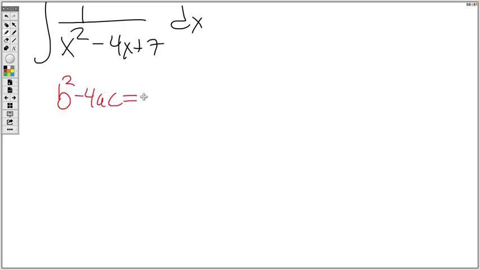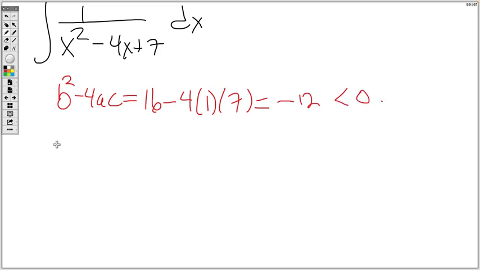So our b squared would be 16 minus 4 times a times c. Our discriminant is going to be what? Right. So that means that x squared plus 4x plus 7 is irreducible.